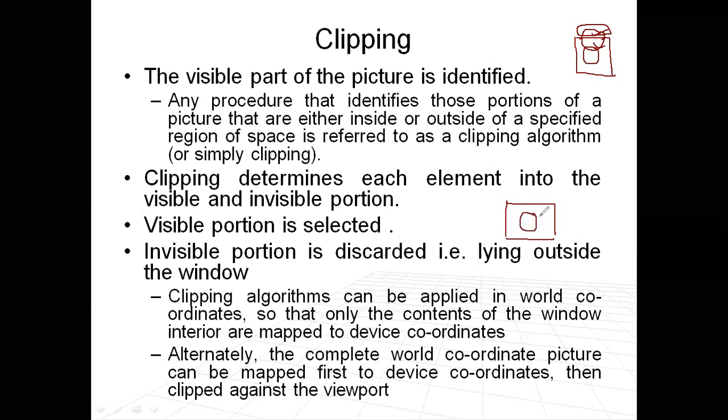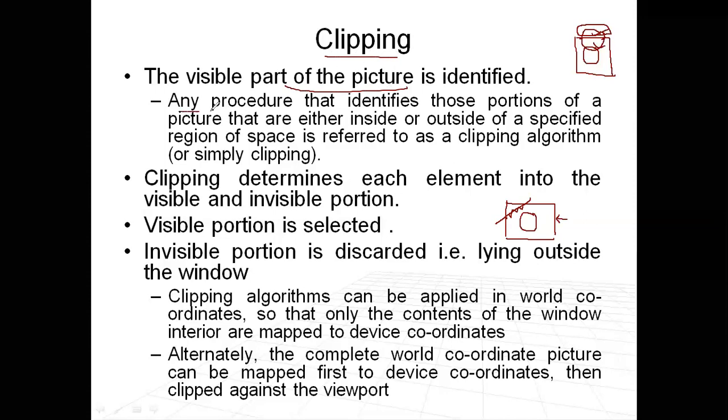This is the visible part within this viewport. Likewise, if I draw any other object like this, this is the visible part within the viewport. So the visible portion of the picture is identified through clipping.